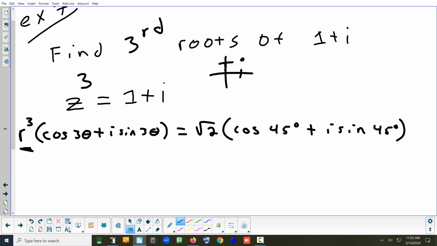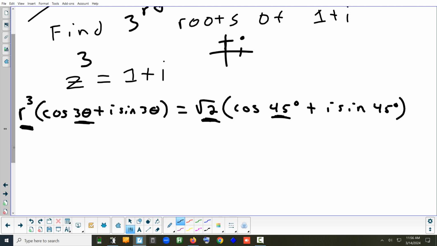Now, set the radius on the left equal to the radius on the right. Set the angle on the left equal to the angle on the right. So the radius on the left is r cubed.